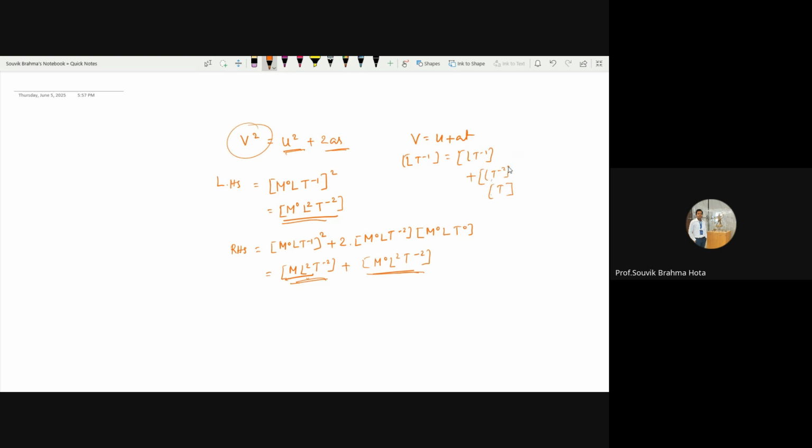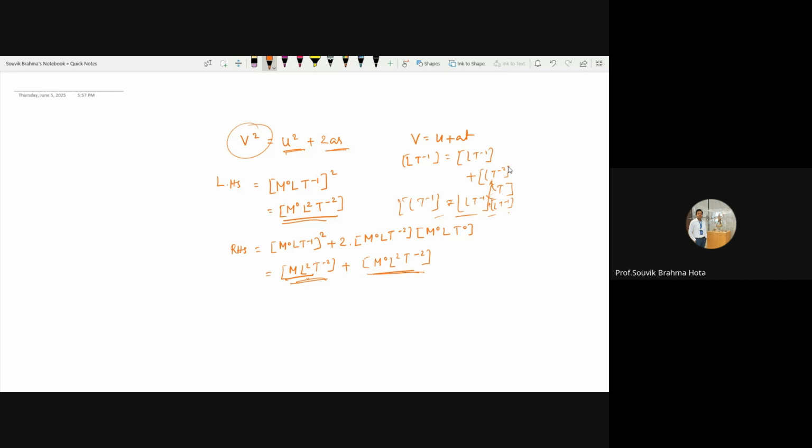So if you consider both of them, again here L t to the power minus 1, and here also L t to the power minus 1, and it is also plus L t to the power minus 1. Correct? All are the same.